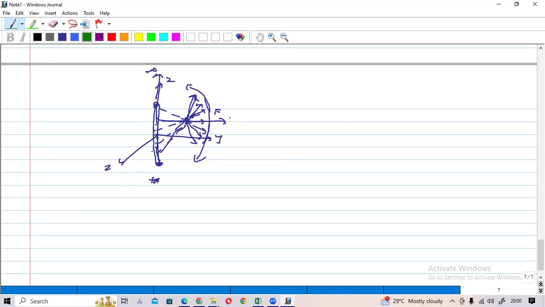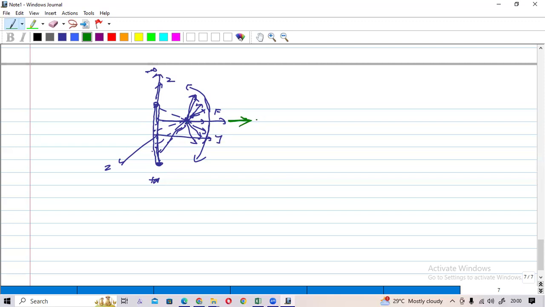So most probably your total resultant E field will be in this direction.